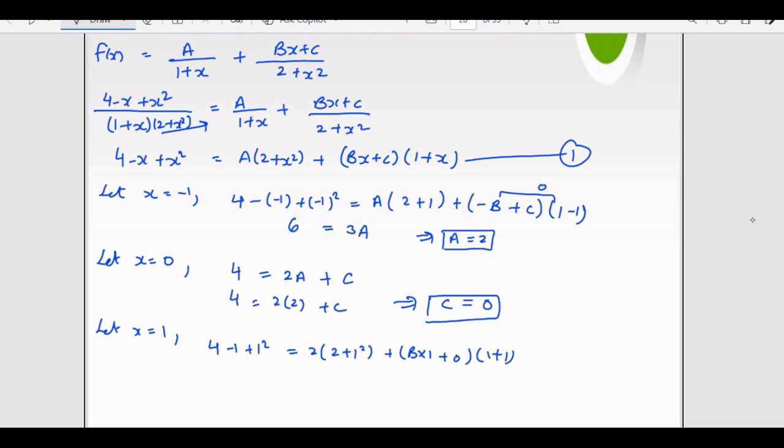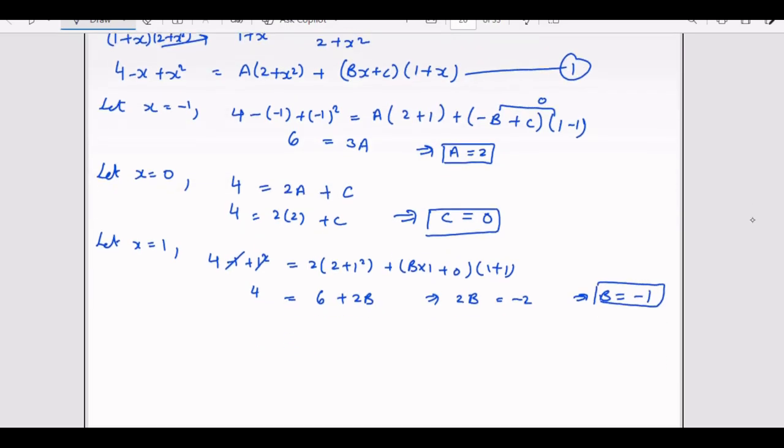So this is gone. So we have 4 equals 3 times 2, it's 6, plus 2b. So from here 2b will be minus 2 and b is going to be minus 1, right? So we got the values of a, b and c.